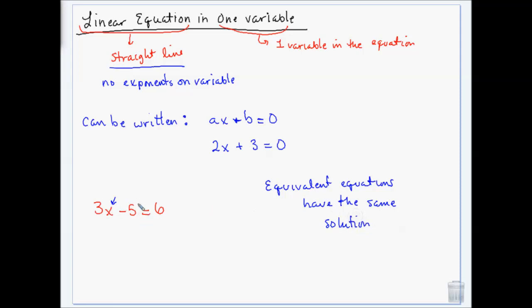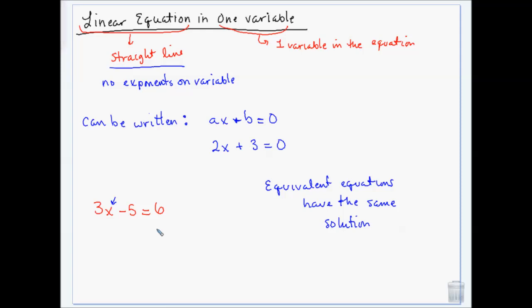So this 3x plus 5 equals 6, I could maneuver that around and make it look different, but it would still have the same solution. We're not going to do that right now, but just to know that if you have the same solution, it doesn't matter what the equation originally started looking like, it's equivalent. So every equation that you get that's a linear equation, that x equals 2, they're all equivalent, even if they look completely different to start with.